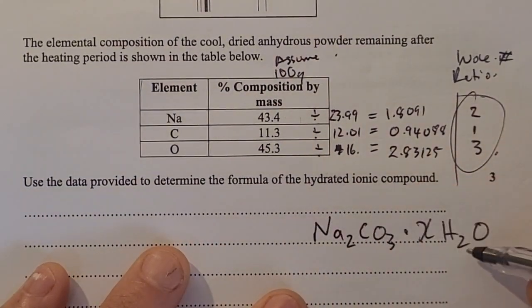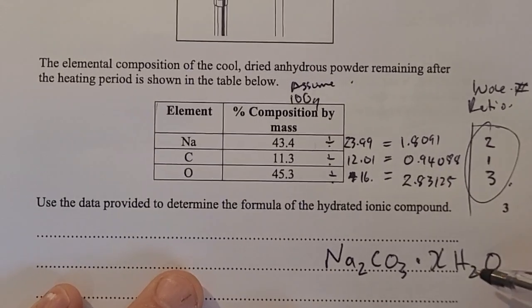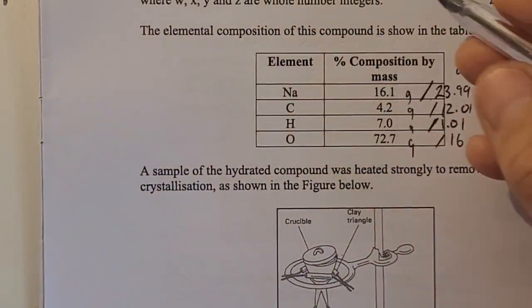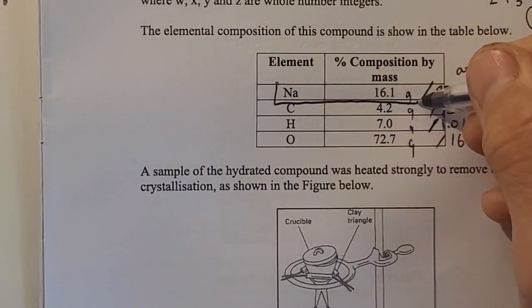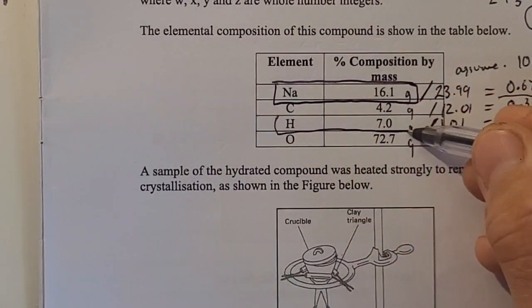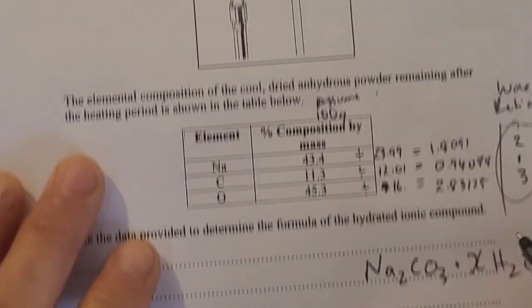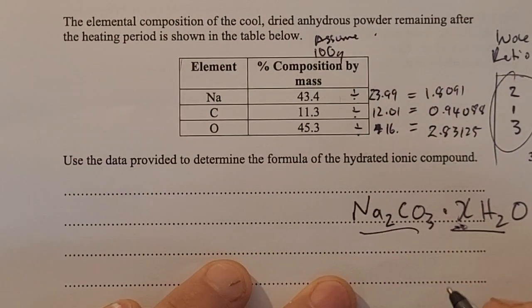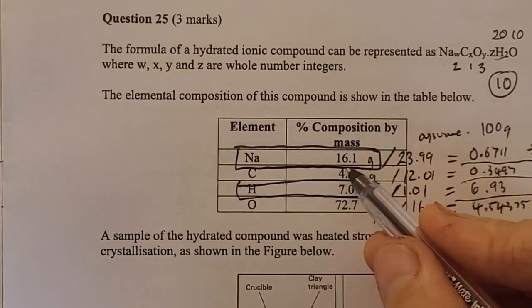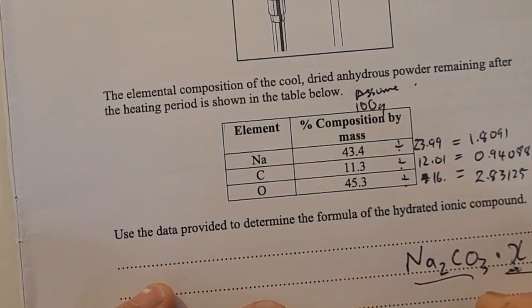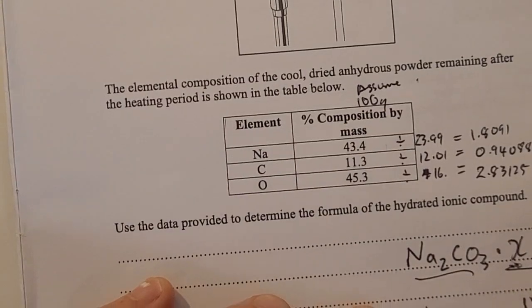Well, let's just compare two things that we know. We could compare the ratio of sodium to hydrogen, for instance, and that would tell us the ratio of X to Na, right? So just remembering that it's Na2 and H2.